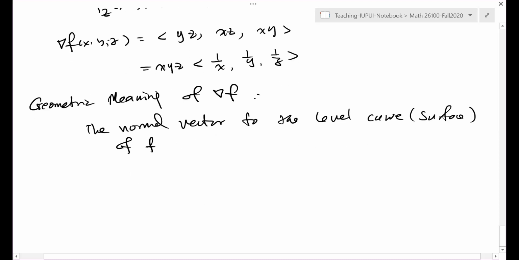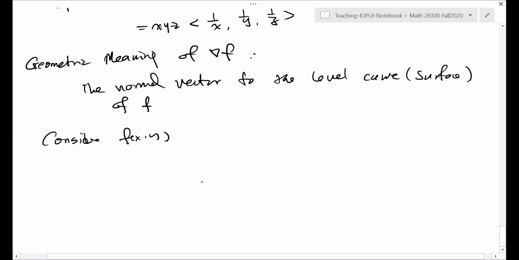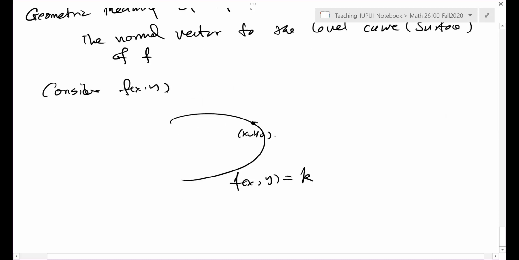Now let's understand why this is true. I'll give you a simple explanation, so then you understand the geometry. Consider f of x, y. The level curve is f of x, y equals k, at the point x naught.